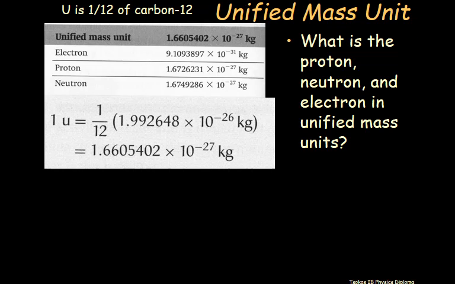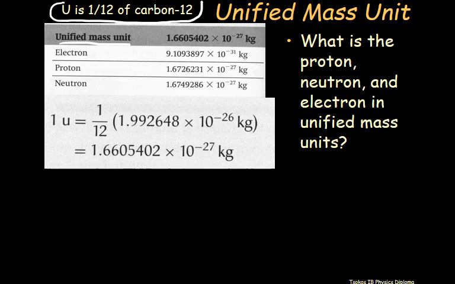So one of the things that is very important as we start to look at mass inside the nucleus at a very detailed level is the unified mass unit. And this is something you'll need to memorize for the IB exam. U, the atomic mass unit, is 1/12 of a carbon-12 atom. So you take a carbon-12 atom and divide it by 12, and that is the unified mass unit.